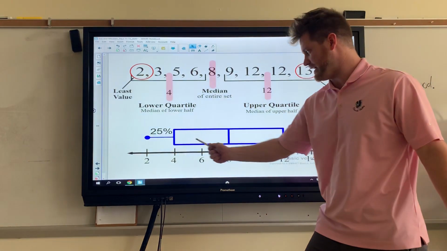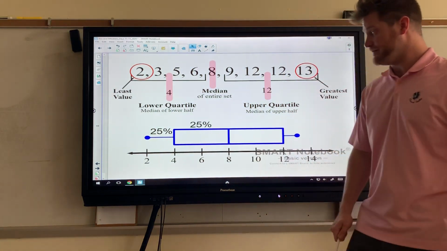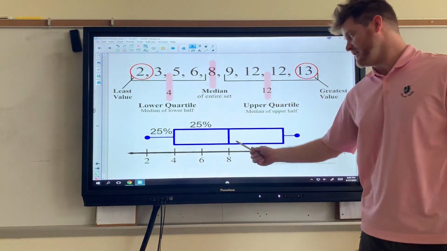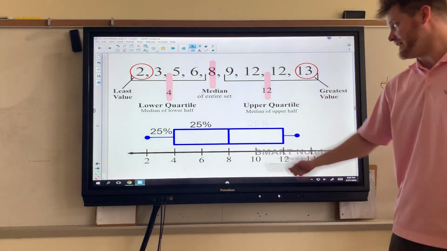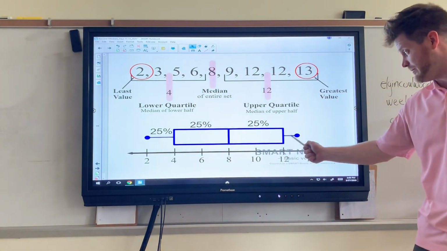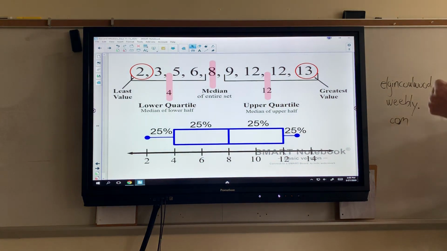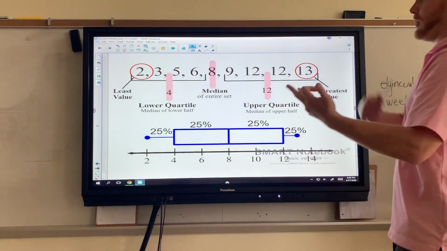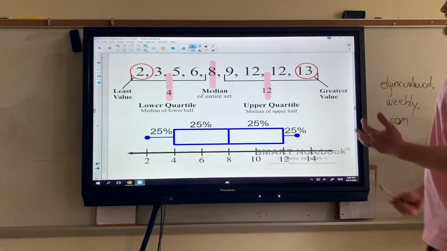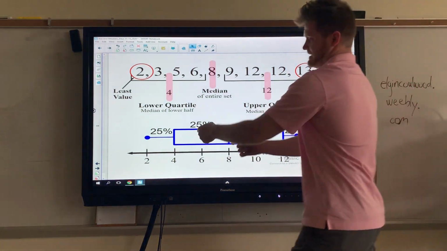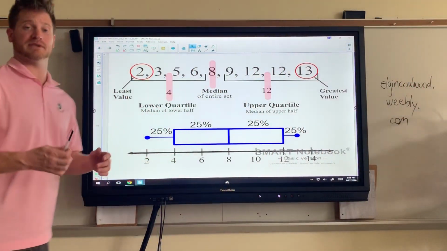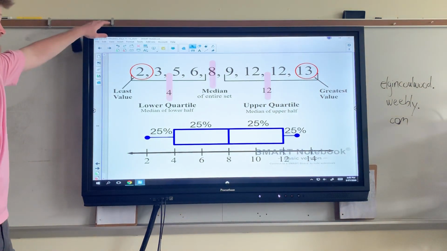From the start of the box to the line in the middle, the median, is another 25%. From the median to the end, it's 25%. And from the end of the box to that last whisker, it's another 25%. 25, 25, 25, and 25 equals all the data. But just know that each little portion represents 1/4 or 25% of the entire data set.